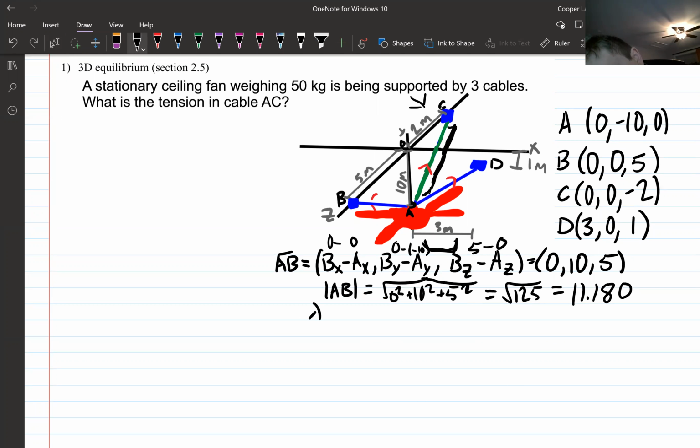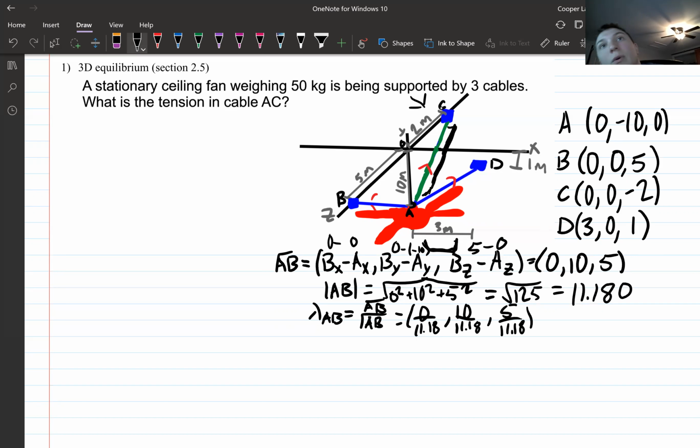So now for AB I'm going to calculate lambda AB. Lambda AB equals the AB vector divided by the magnitude of AB. So this equals 0 divided by 11.18, comma, 10 divided by 11.18, comma, 5 divided by 11.18.